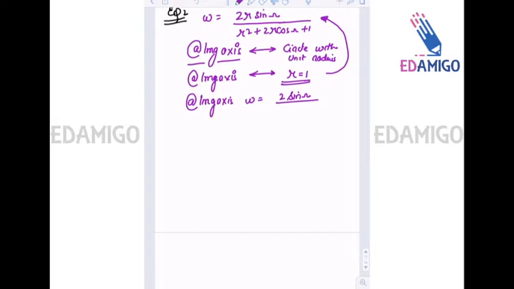So the denominator here will be 1 plus 2 cos sigma plus 1. This will come out to be 2 sine sigma upon 2 plus 2 cos sigma, that is sine sigma upon 1 plus cos sigma, on the imaginary axis, is the omega.